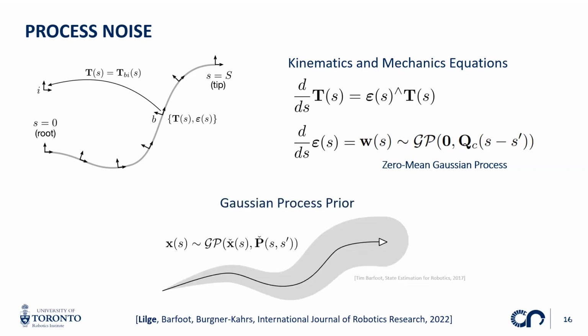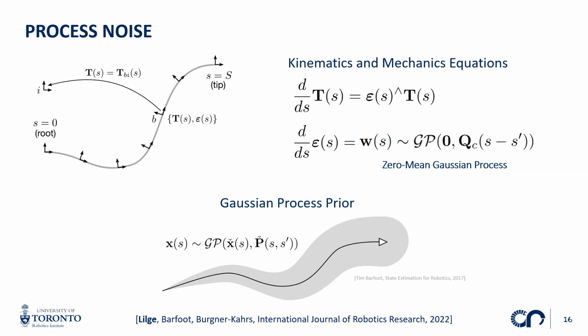The idea now is to stochastically integrate these equations to obtain an expression for my state x of s. Consequently, this state will again be a Gaussian process with some mean and covariance associated with it. So in this picture, we get a distribution where the mean is the most likely state of my continuum robot, and the uncertainty is expressed by the covariance here in gray.